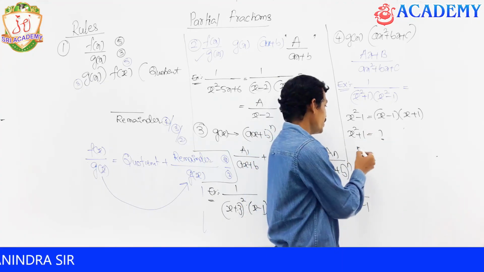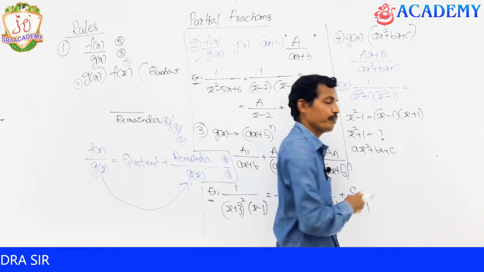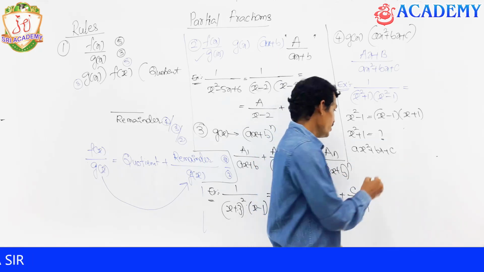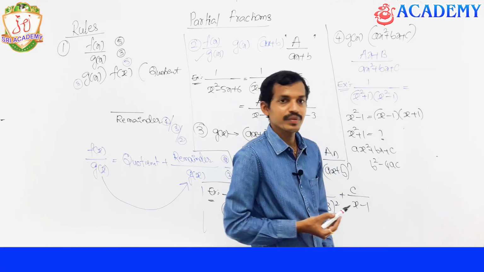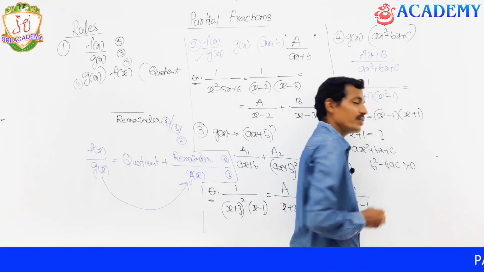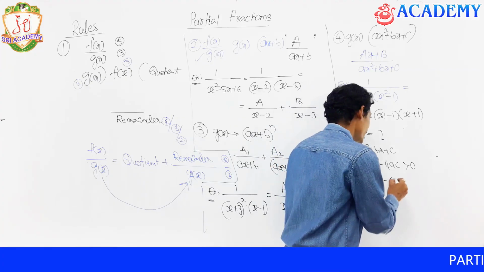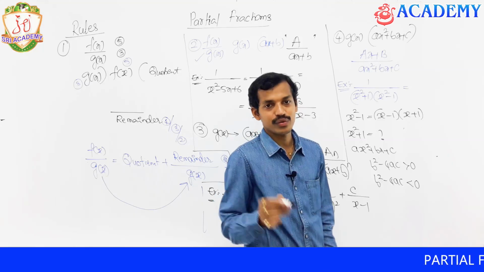How? If you compare this one with ax square plus bx plus c, for a quadratic factor, if b square minus 4ac is greater than 0, it has real roots. If b square minus 4ac is less than 0, it does not have real roots.